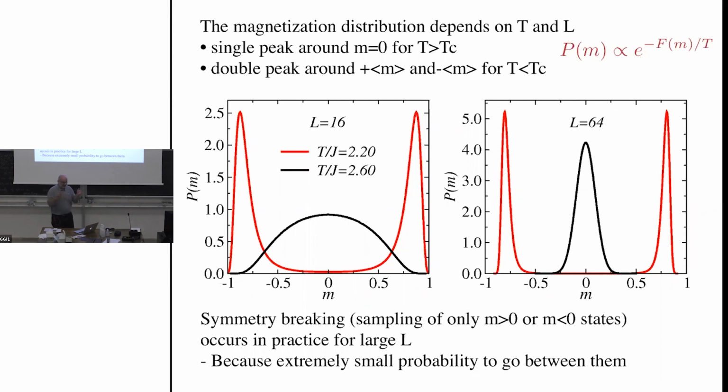For example, the width of the distribution at criticality depends on the system size exactly according to those scaling dimensions. I will talk about that more when I have talked about quantum Monte Carlo and how to analyze the data and connect to RG.